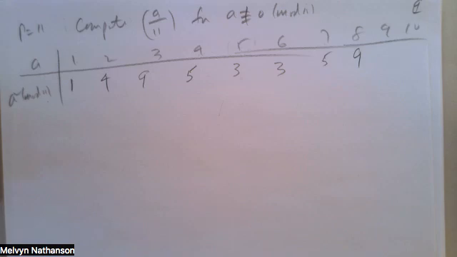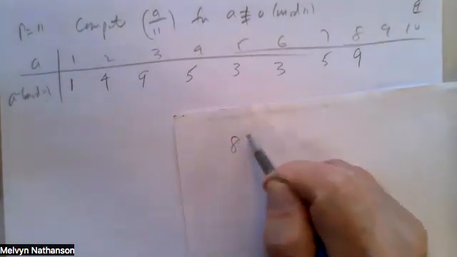Just take 81 and divide it by 11. Just do long division.